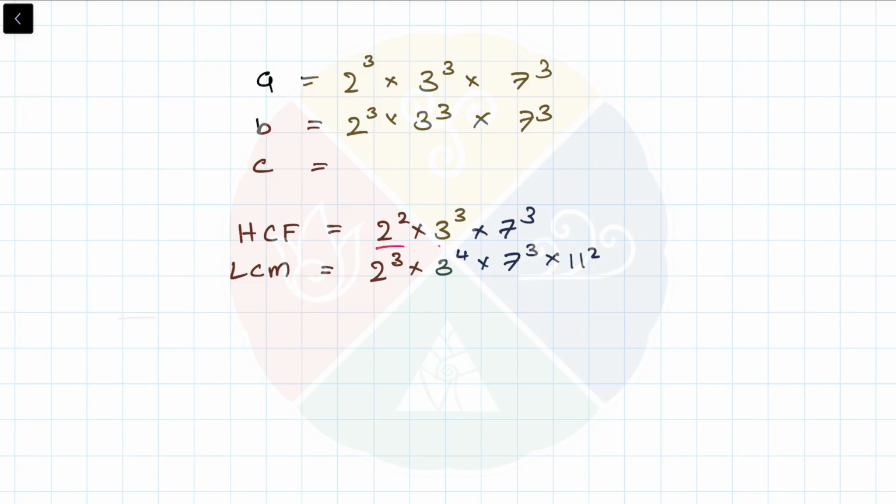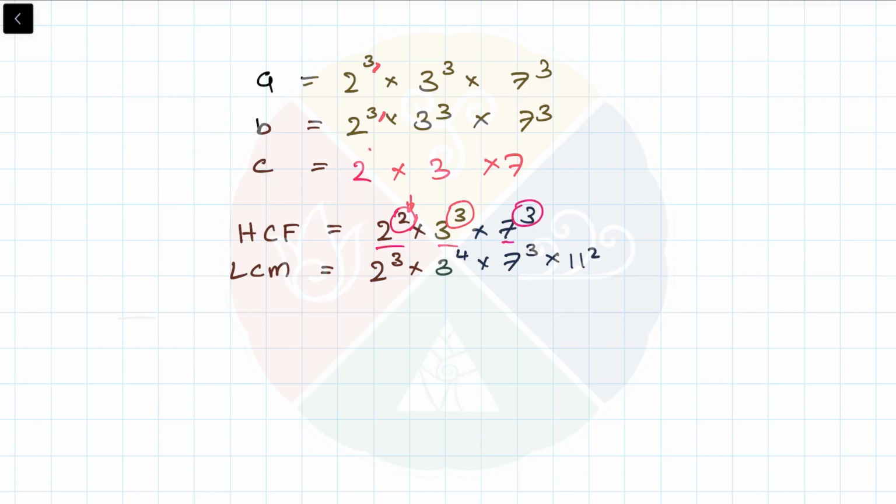See, first of all, the HCF value should be present in everything. So that will automatically come. In fact, the powers will be greater than or equal to HCF. It cannot be lower than HCF. Now, the HCF will have the smallest power. Here, 2 has a higher power, 3 is in both the numbers.